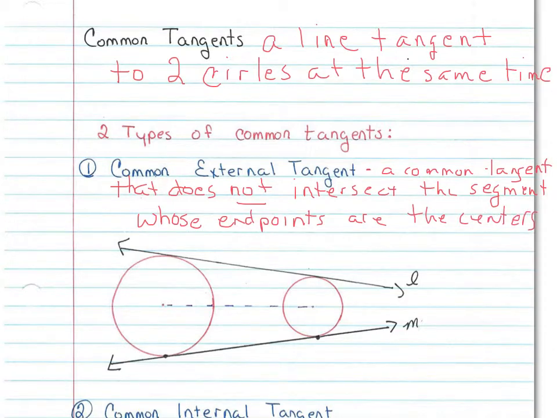Okay. A common tangent that does not intersect the segment whose endpoints are the centers of the circle. In other words, a common external tangent is not going to intersect this segment.